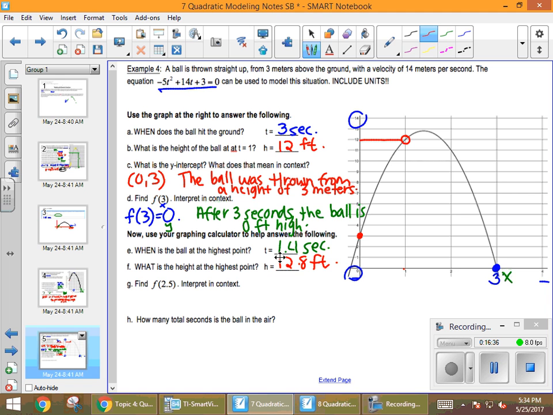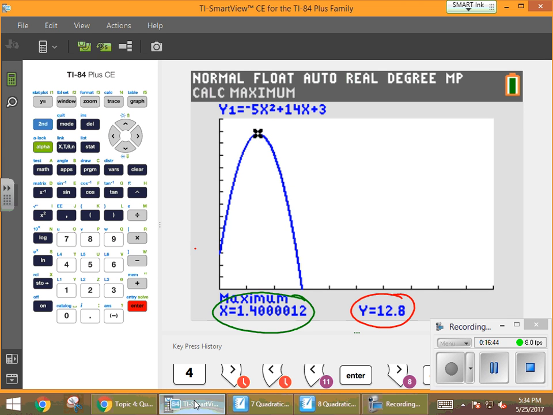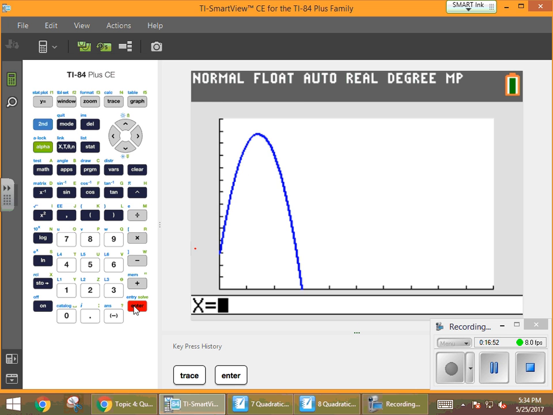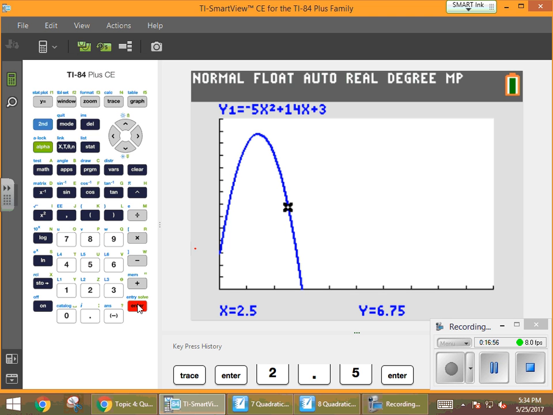Now, you can use your calculator for the next one. Find f of 2.5. That 2.5 is an x value. So just like we did on the last problem, I'm going to go to the trace. I'm going to find the value of 2.5. So I'm going to click enter on 1 and type in x equals 2.5. It takes me right there on the graph, and it tells me that the y value is 6.75.